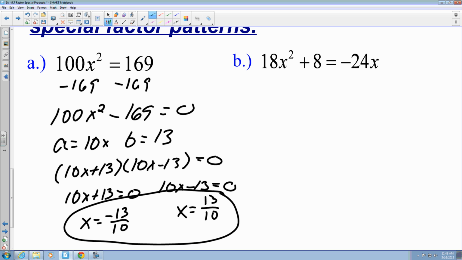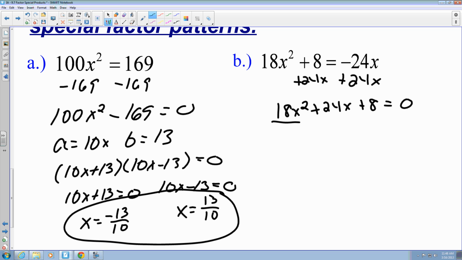So if I look at b, again, I'm going to add 24x to both sides, which gives me 18x squared plus 24x plus 8 equals 0. Now looking at that, 18 is not a perfect square, neither is 8. But I can factor out a 2 because they're all divisible by 2.